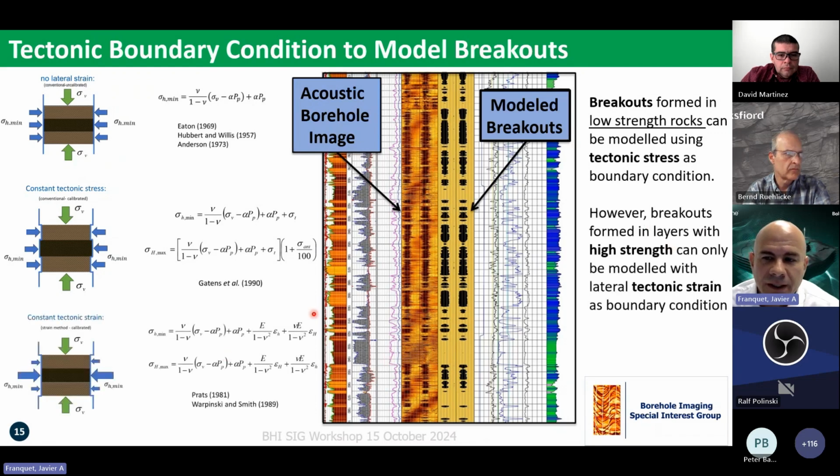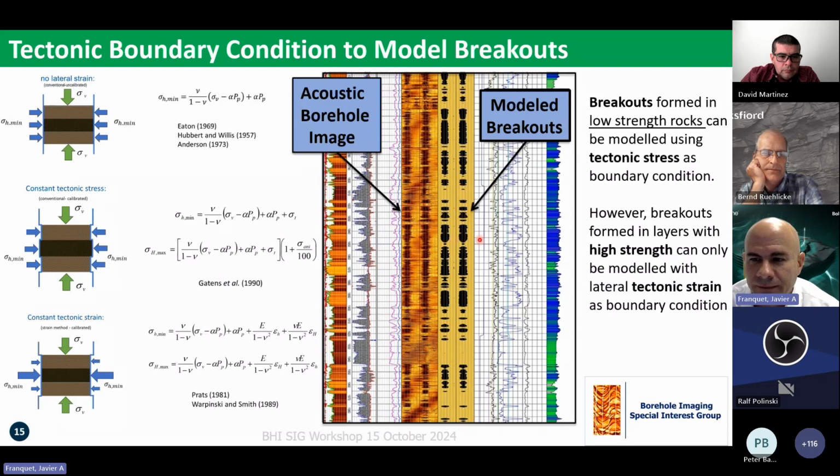So definitely these two models, the no tectonics and the additional tectonic stress boundary condition, will not be able to reproduce these breakouts, because you're going to end up with breakouts where they're not happening and no breakout where they are actually happening. So this is the model with the tectonic strain as a boundary condition that is required to reproduce these breakouts successfully.